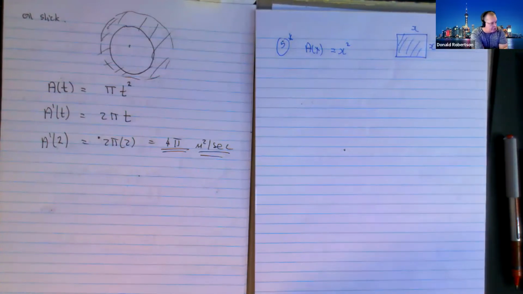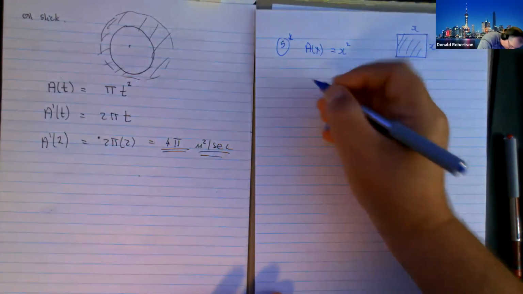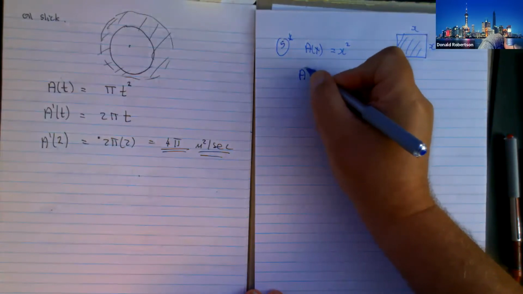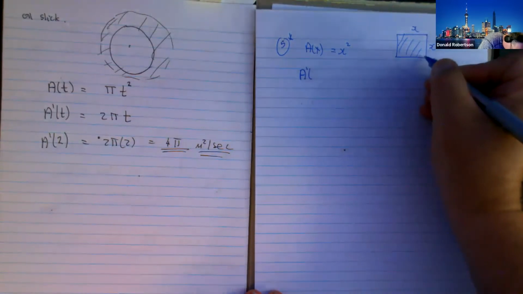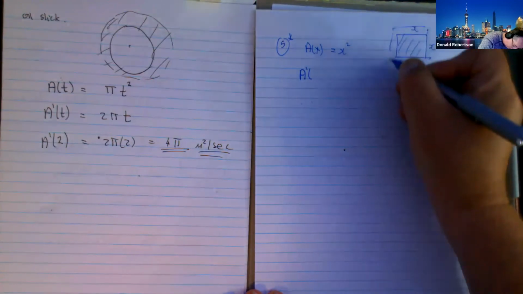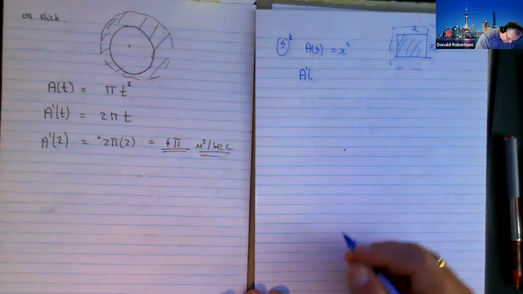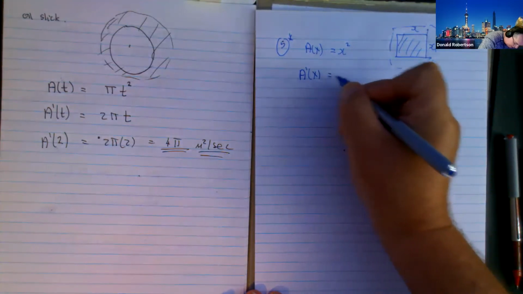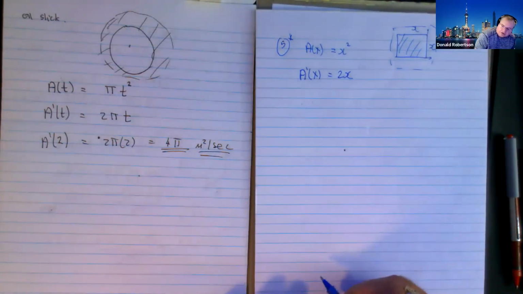So that question sounded like it was a lot harder than it was, right? I just need to create the formula for the area of a square chip of side X. Now I want to find the rate at which the area is increasing. So if you make a little extra bit onto that, you'll get a bigger square, won't you? How much will it increase by? It will be 2x.